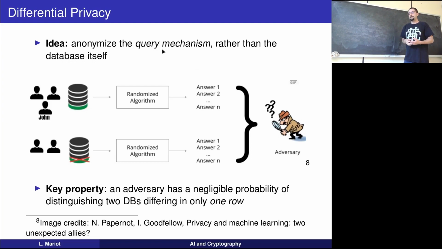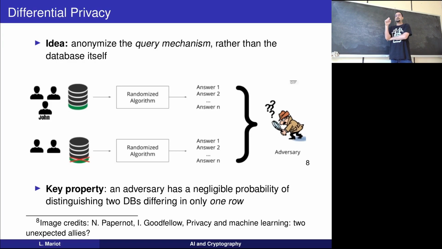So it means that the data owner is not disclosing the data set. It is keeping it by itself on its own server. Then it gives access to users who can pose some queries, and the results of these queries are anonymized by using a randomized mechanism.